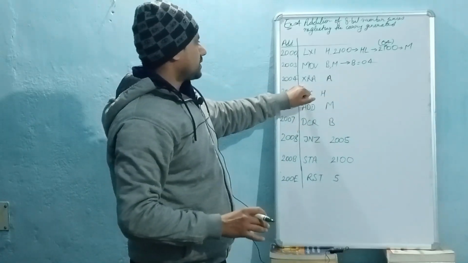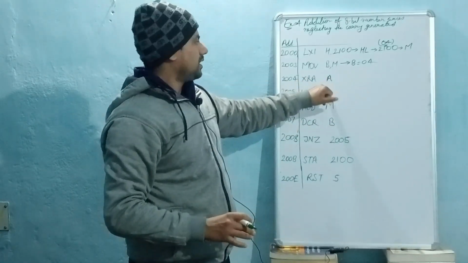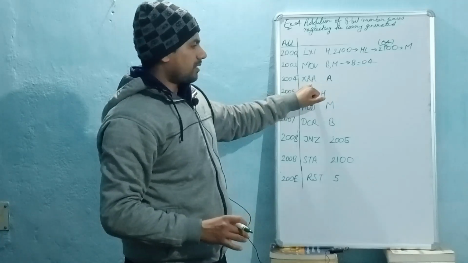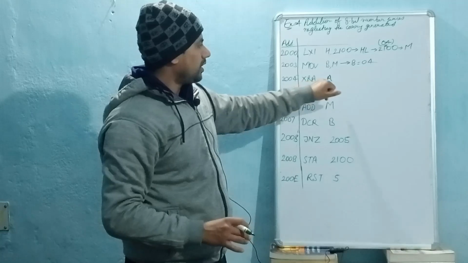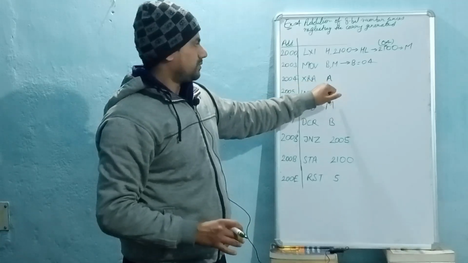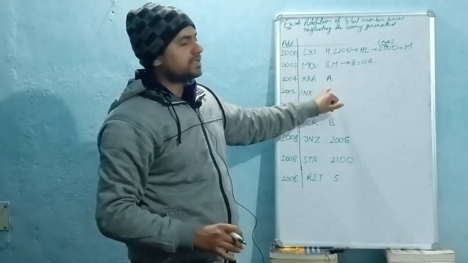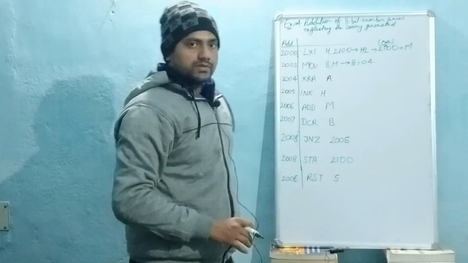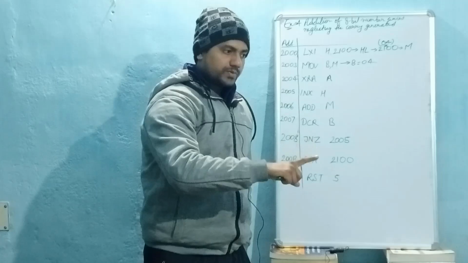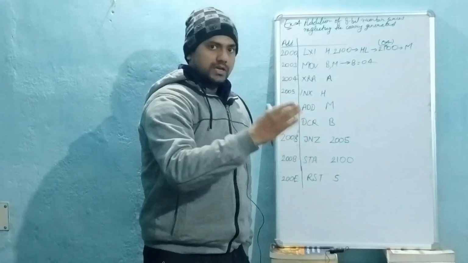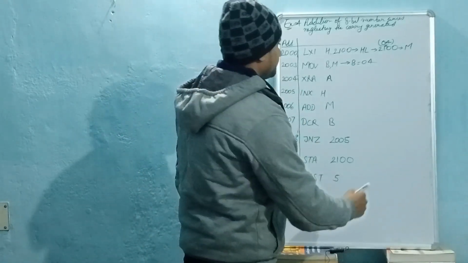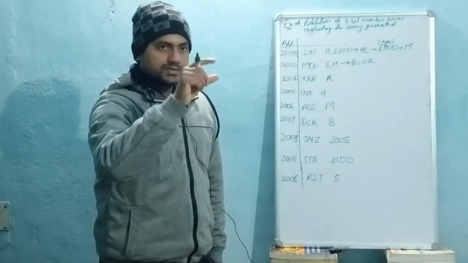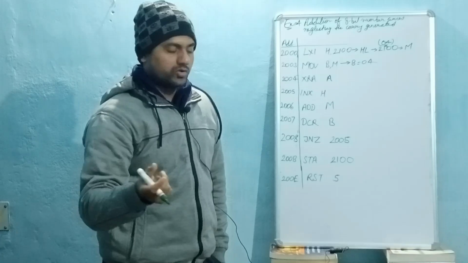Then the next instruction given is XRA A, which is XOR operation with the accumulator, because this A represents the accumulator. It means accumulator XOR accumulator. We already know in case of XOR operation, whenever the bits are the same, we get output 0.